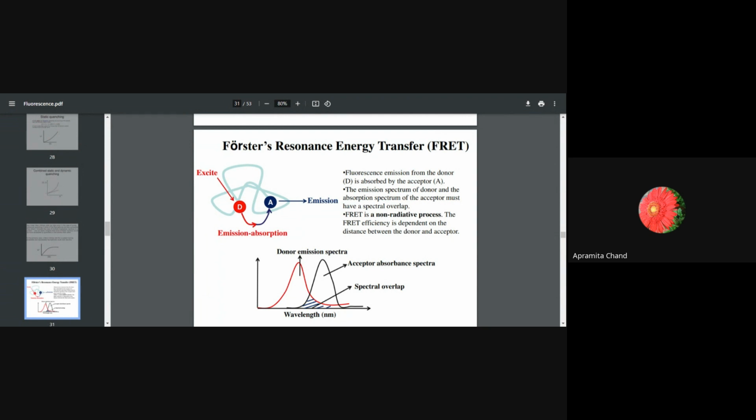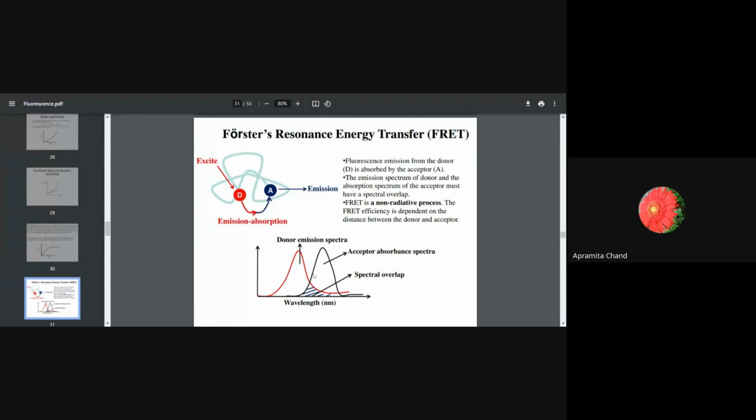The emission spectrum of the donor and the absorption spectrum of the acceptor have a spectral overlap. It is dependent on the distance between the donor and the acceptor. As soon as the donor is emitting, the acceptor is absorbing it. This is the basic concept of FRET.